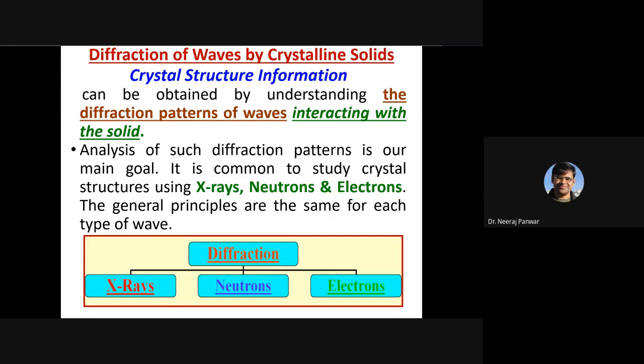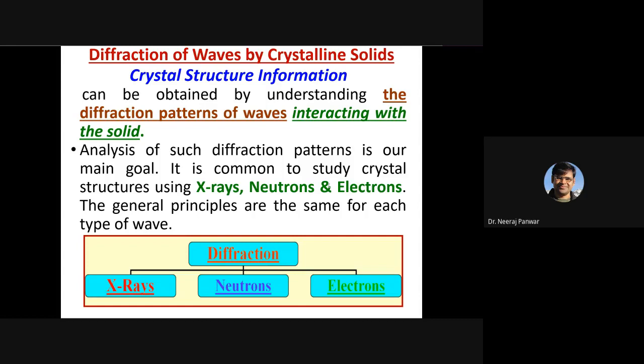It is common to study crystal structures using X-rays; we can study the crystal structure using X-rays, using neutrons, or using electrons. And you will remember that it was the Davisson-Germer experiment which proves that even subatomic particles like electrons and neutrons have a wave associated with them.